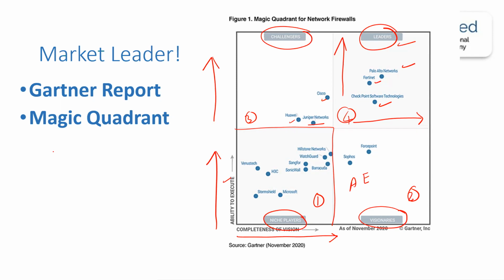So my point is that I always suggest all my students to always learn some technology which is in the leader quadrant, because the leader quadrant is made up of vendors or companies who are going to stay in the market, and they are relevant, and they are also doing a good job with the product they provide. So Palo, Fortigate, and Checkpoint, these three are the leaders. If you want to learn firewall, you should go with these three firewalls.